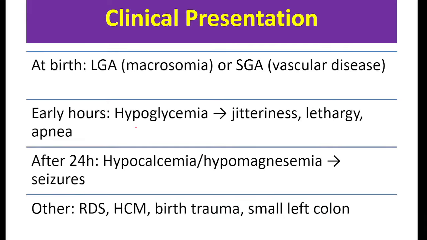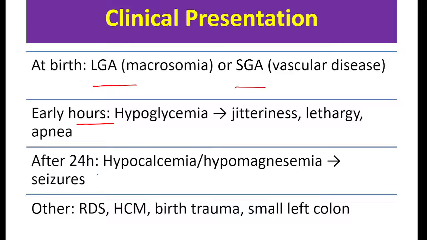Clinical presentation. Clinically, infants of diabetic mother can present in several ways. As I discussed earlier, at birth they can be large for gestational age due to hyperinsulinism or small for gestational age if maternal vascular disease limits the growth of the newborn. In the early hours after birth, the newborn can suffer from hypoglycemia, which can lead to jitteriness, lethargy, or apnea, and we need to monitor the blood glucose level in these newborn babies.